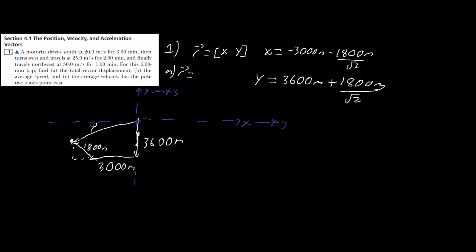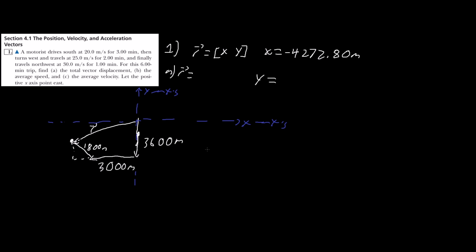Part A is going to be the values of, so once you get your values, your x will be negative 47... All right, let me try again. Negative 4272.80 meters.